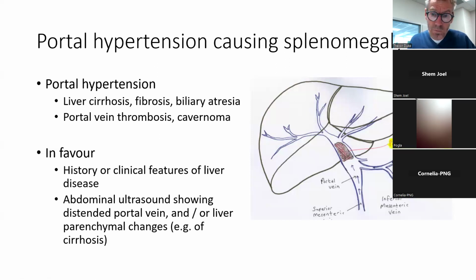And when the blood flows back into the liver, it's usually under low pressure. But if there's, as one example, a clot in the portal vein, an obstruction to the portal vein, then the pressure in the superior and inferior mesenteric veins and in the portal vein itself will be very high.